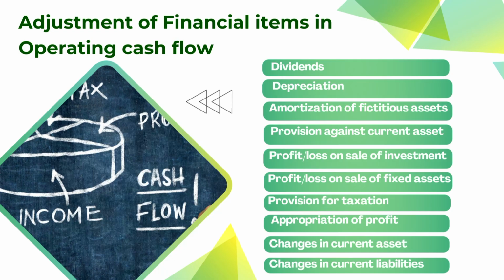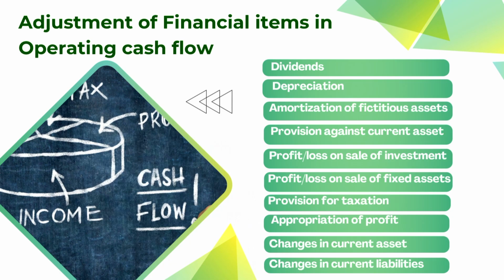But as it is charged in the PL account as an expense, it has to be added back while calculating the cash flow from operating activities. Similarly, provision against current assets, say for example provision for bad and doubtful debts, that does not lead to any flow of cash, but it reduces the profit by the amount of charge. So, we are there to add back that amount.